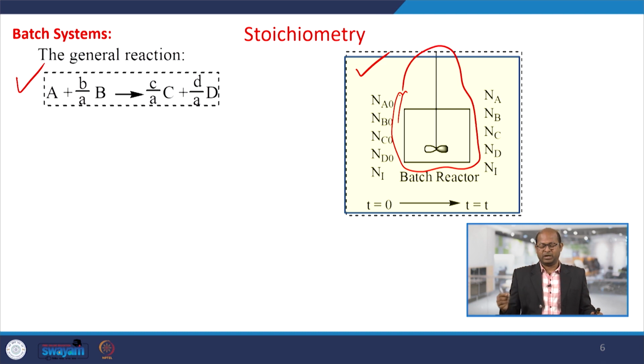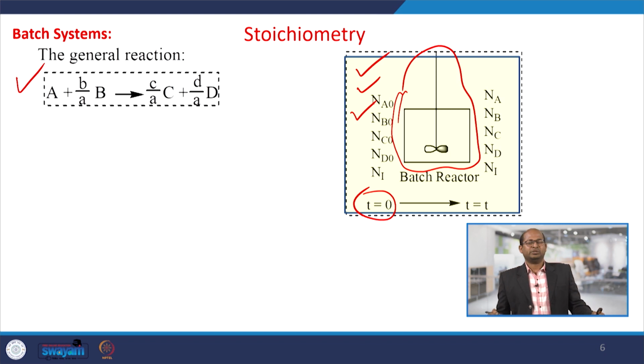Here, if we conduct the reaction, we will charge components A and B inside the reactor. At the beginning, at t equal to 0, the number of moles of A is Na0, and Nb0 is the initial moles of component B present inside the reactor. If C is present at the beginning, then we should mention C0, the moles of C taken at the beginning.